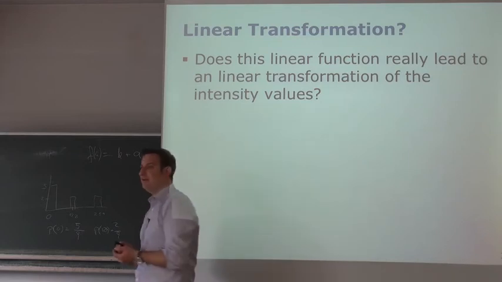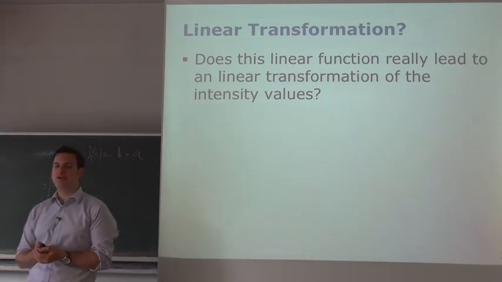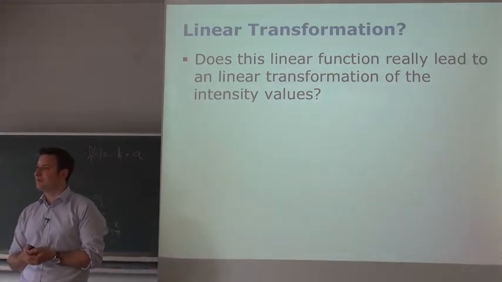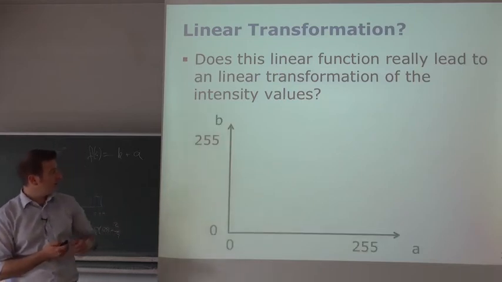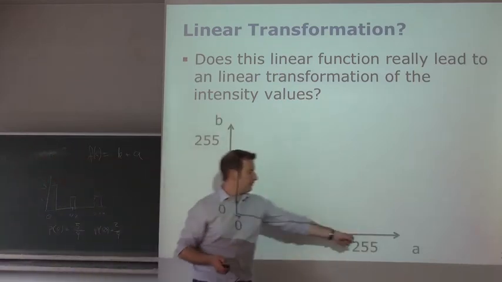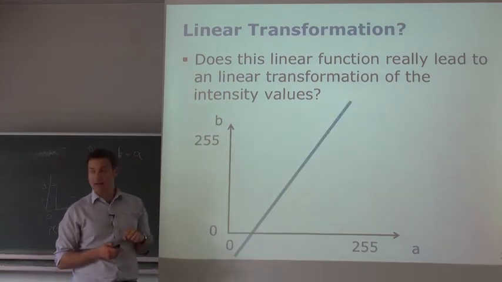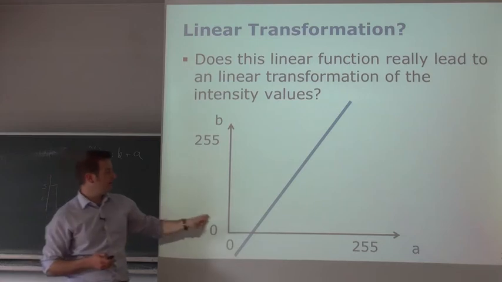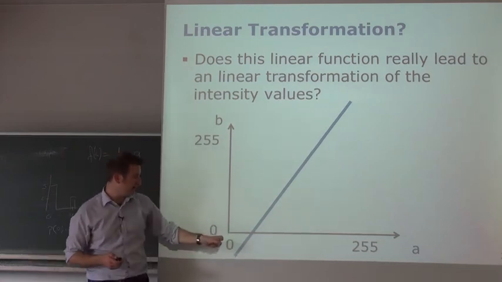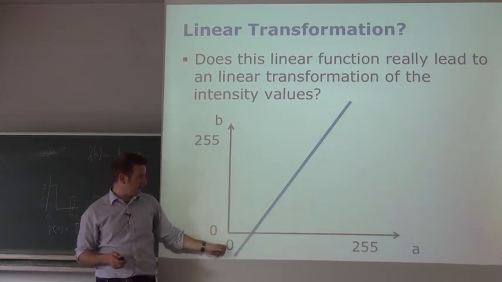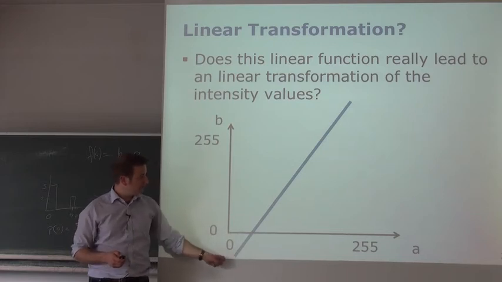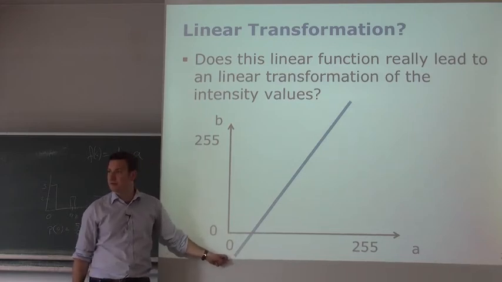But we need to take care that the intensity values have to be values between 0 and 255. And therefore, we can introduce an error. So this is my mapping from A to B, and I have my linear function over here. If I take the input value of A equals 0, that would be mapped to a negative intensity value in the image.